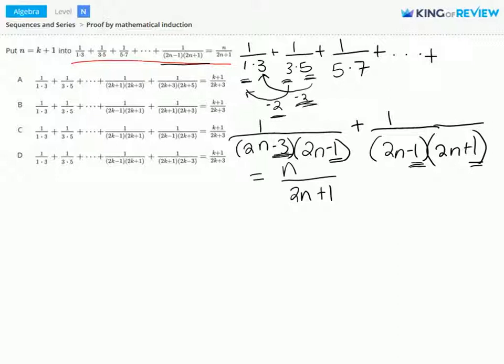So now we need to substitute a k plus 1 for n.